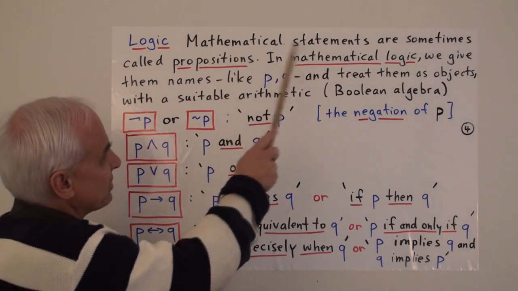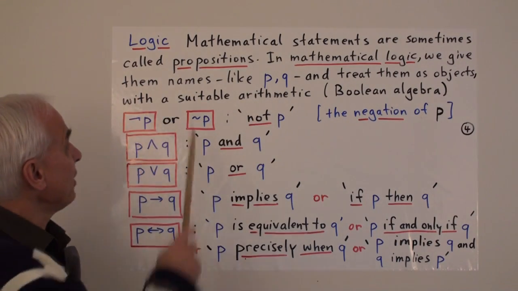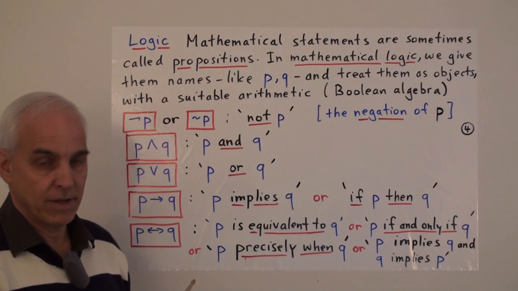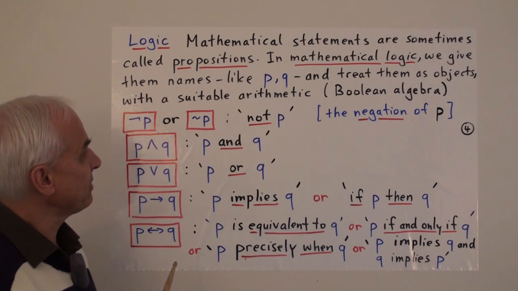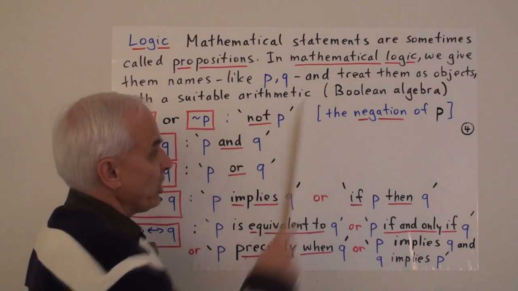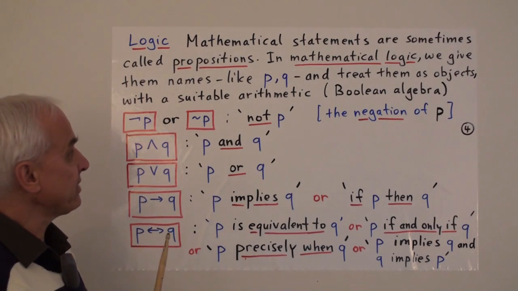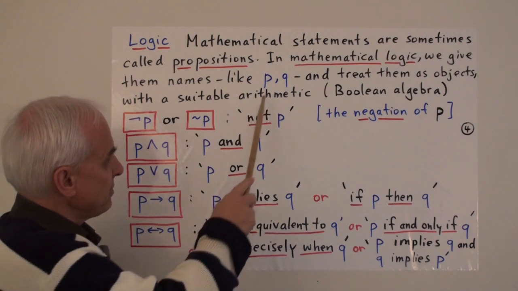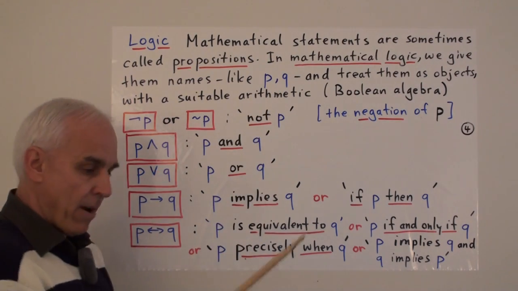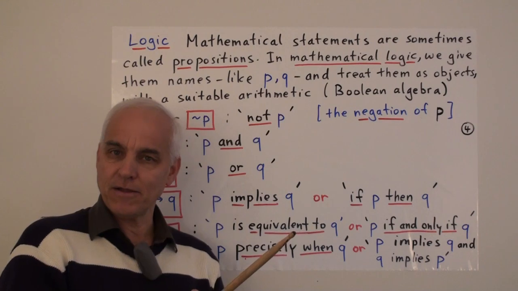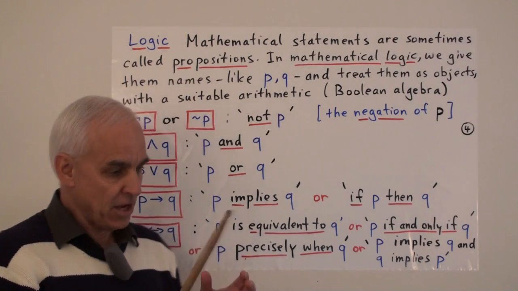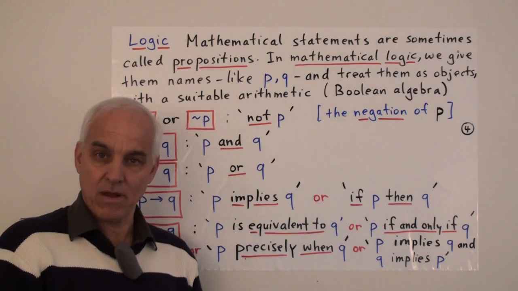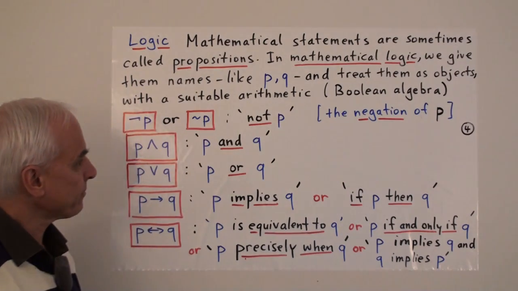Okay, so a mathematical statement is sometimes called a proposition. That's another word for mathematical statements. And in mathematical logic, we like to give these propositions names, say like P or Q, and we treat them as objects on their own, thinking of trying to do a kind of arithmetic with propositions.